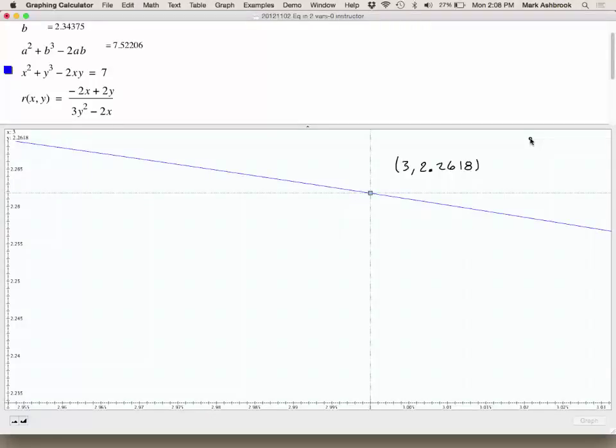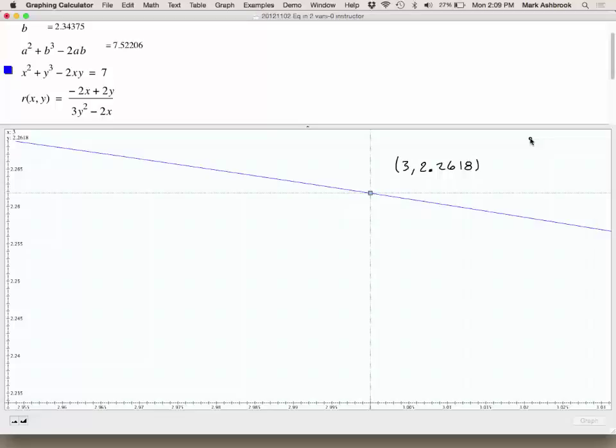So right now you have two ways to get the rate of change in the vicinity of the point (3, 2.2618). What is one way to get this rate of change? You've got two ways, and we can do them both and confirm. What's one way?